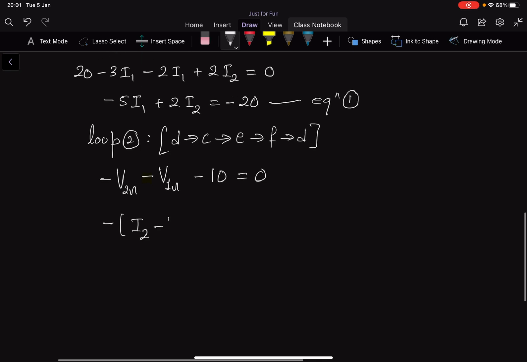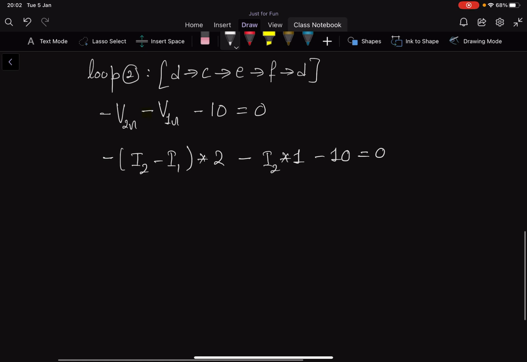So it's going to be I2 minus I1. Why? Because you are on the loop 2 side. So first the current will be I2, take away your I1, times 2, and then we go to the voltage drop across 1 ohm. We have I2 times 1 minus 10 equals 0. Now let's open the bracket.